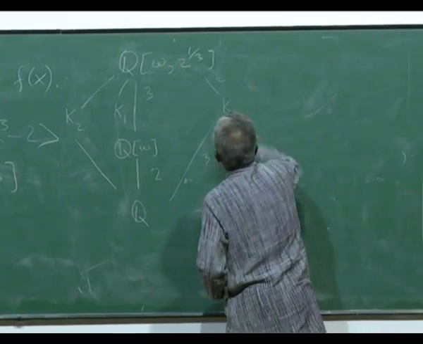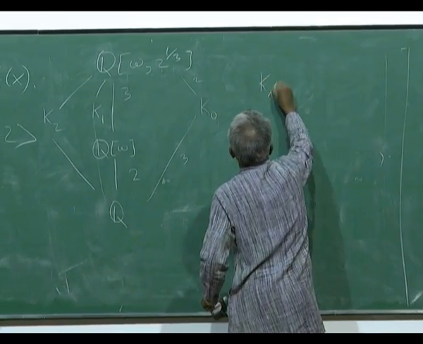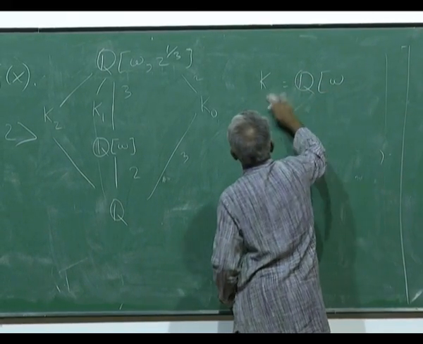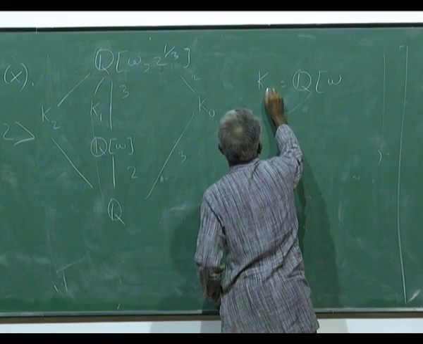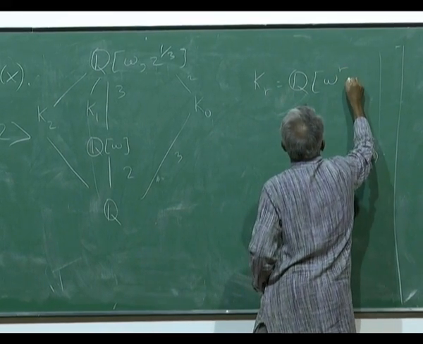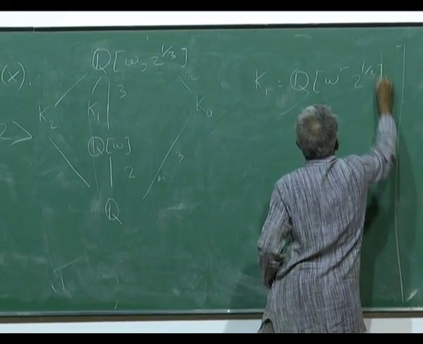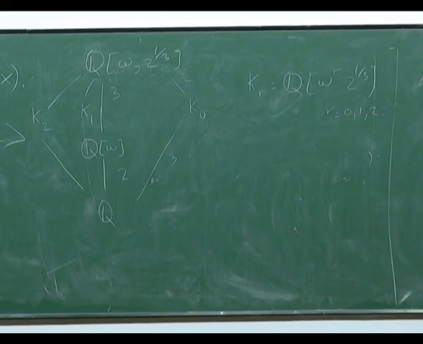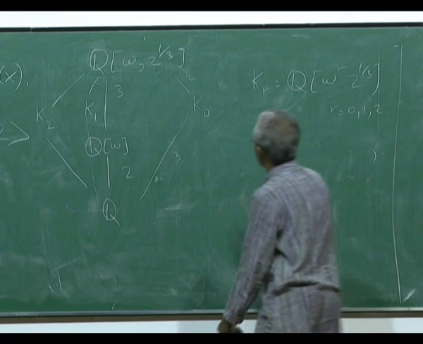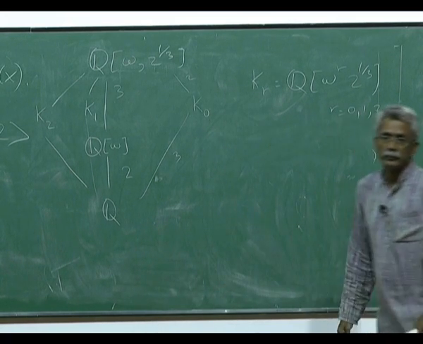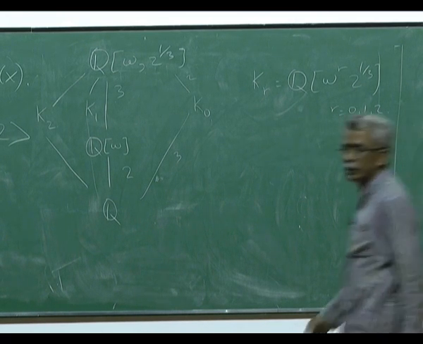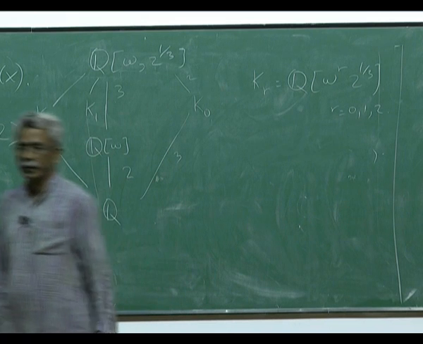Let us call this K0. Ki is the field Q attach omega power R times 2 power 1 by 3, R equal to 0, 1 or 2. K0 is the same as K. Is that clear?